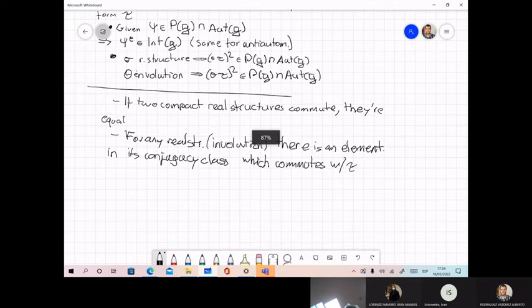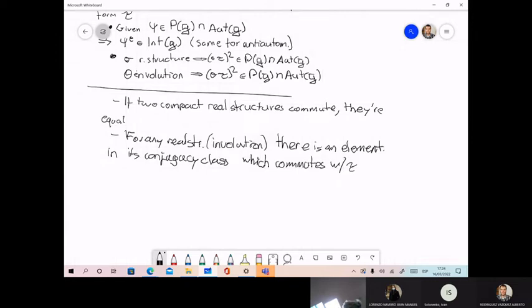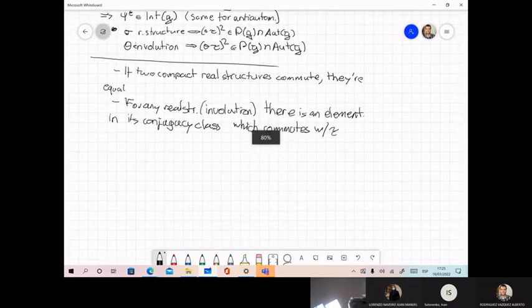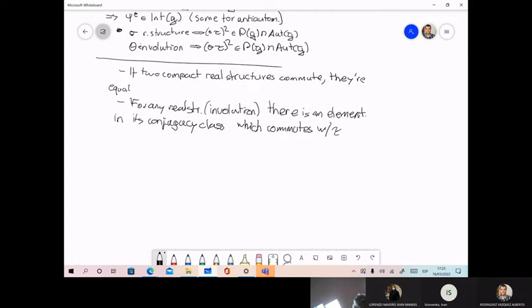I don't know if we have enough time. We will construct the bijection between conjugacy classes of involutions and conjugacy classes of real structures. Right. So we will start with the first thing, which is a proposition.